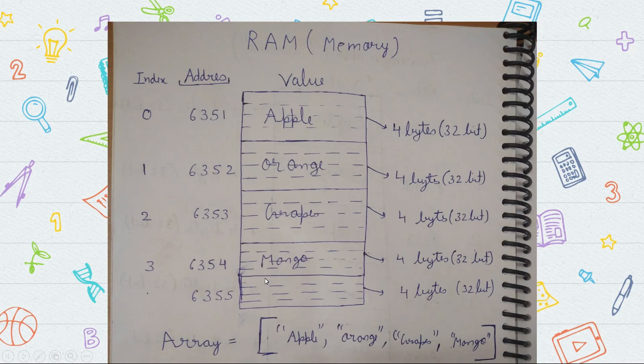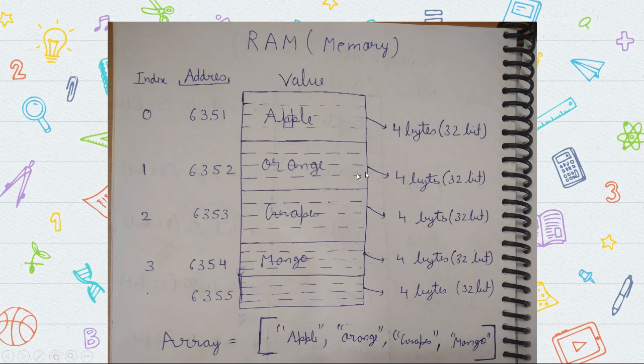Whenever you assign an array, all the elements go to the memory and can be stored anywhere. It is not necessary that the address always starts from 6351. It can start from anywhere, but all the elements of the array will always be stored in continuous memory, that means continuous locations.